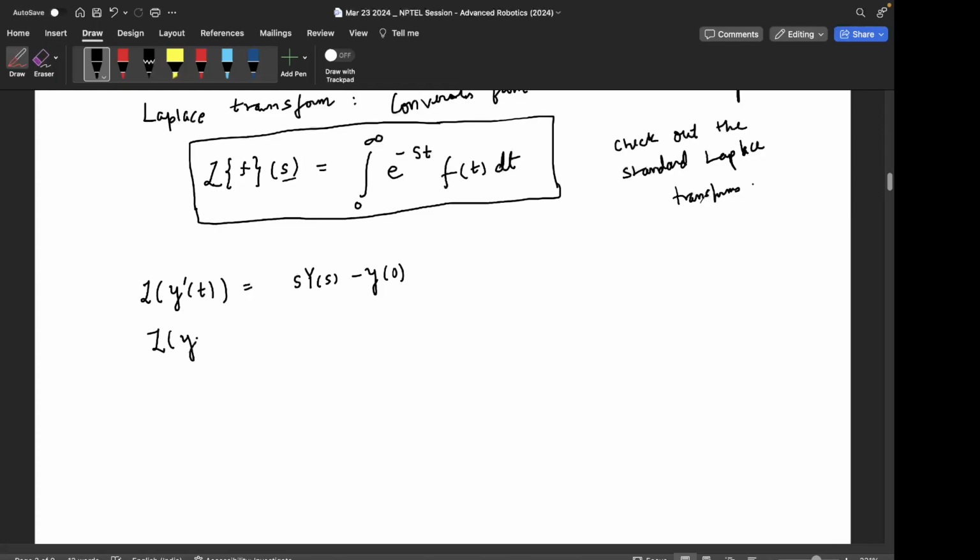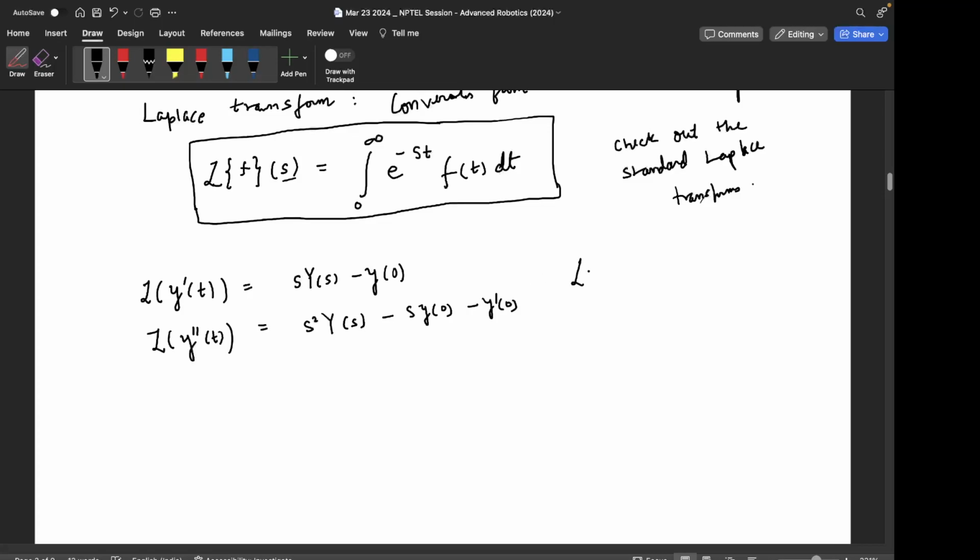And for y double dash t, it is s square Y(s) minus s y(0) minus y dash (0).